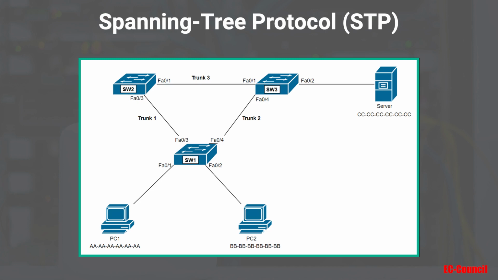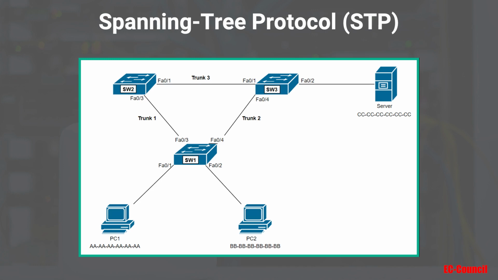Switch 1 will forward a message to switch 3. Switch 3 will realize the server is not available, and therefore switch 3 will do the most typical thing once it receives a frame that it does not know the destination of. A switch that receives a frame and does not know where the destination is will simply broadcast that frame out of all ports except the port the frame originated on.